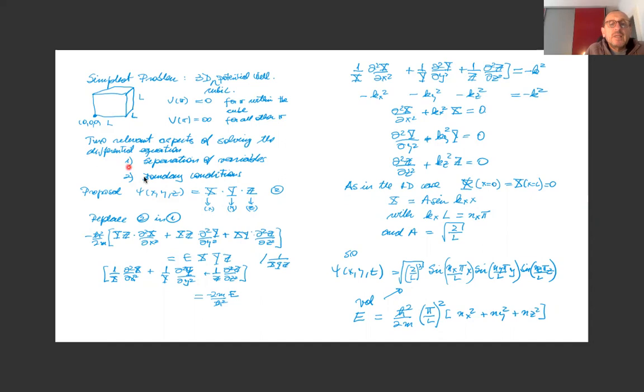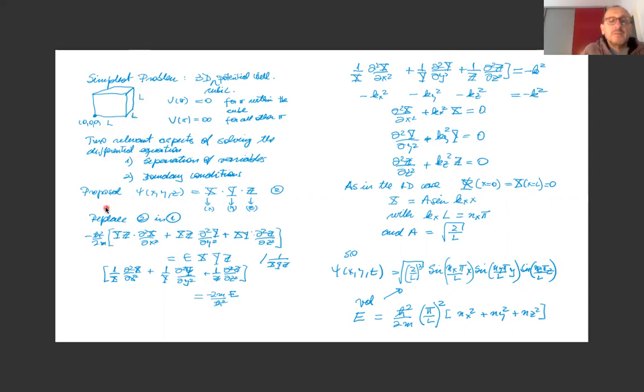The first one is separation of variables, which is a standard technique that people use to solve differential equations in 3 dimensions. And the other one is boundary conditions. What do we need? We need to define the boundary condition. There's no surprise here. The wave function on this line here should be equal to the wave function on this line here, and both should be equal to 0 because the potential outside the box is infinite.